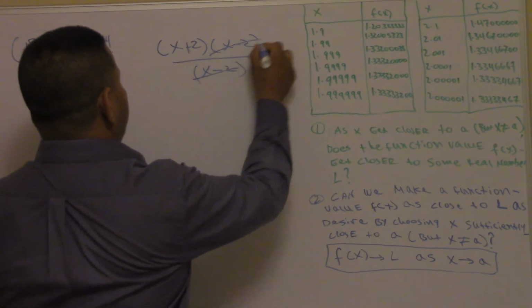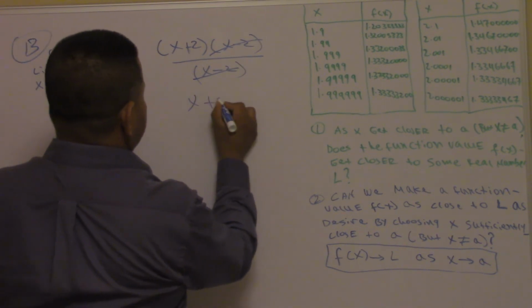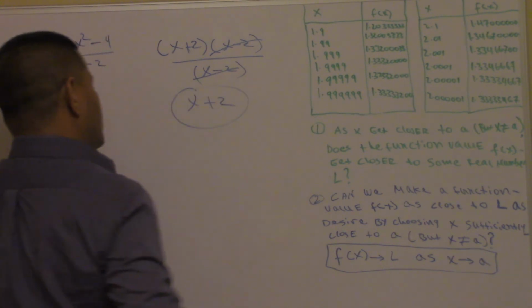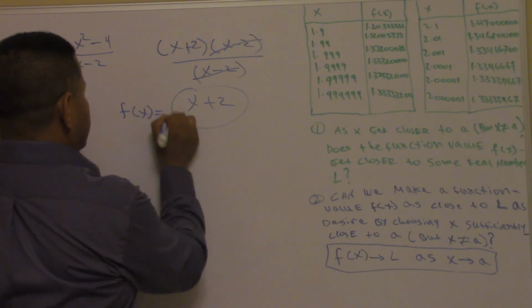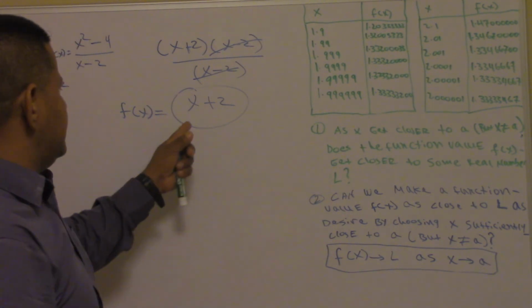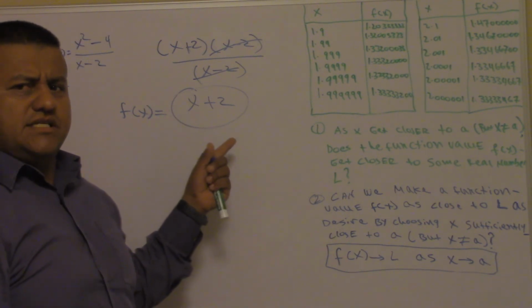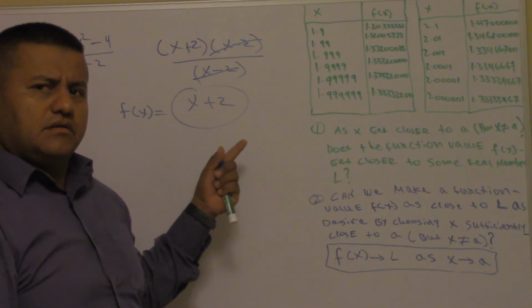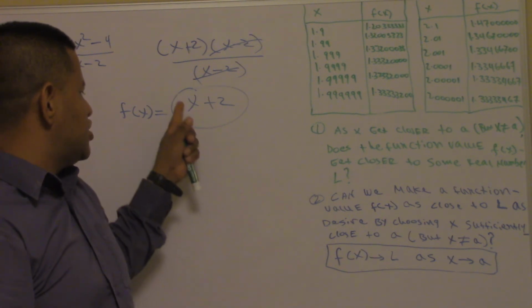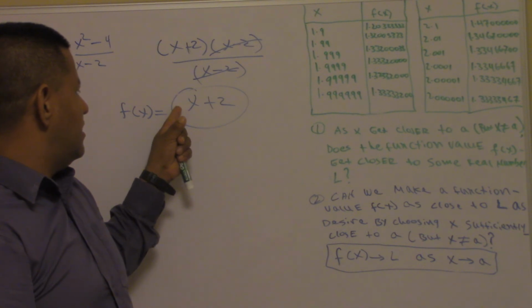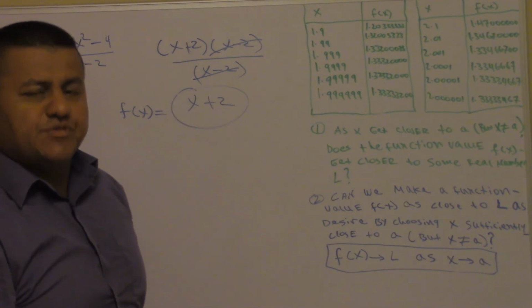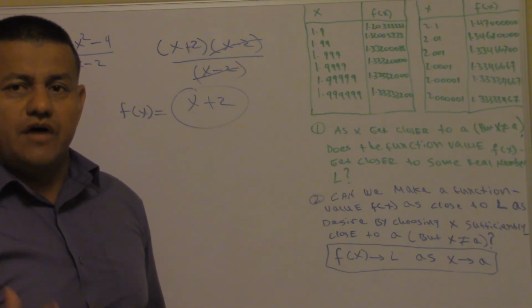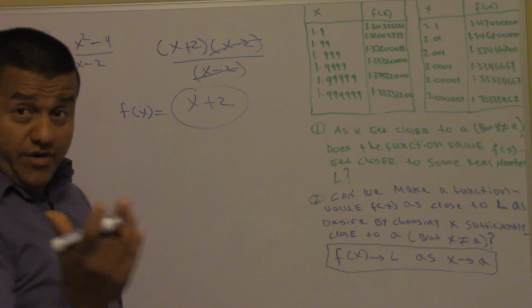I cancel those out and I get x plus 2. Now the function is equal to that. But what is this? This is nothing but a straight line, with a slope of 1 and y-intercept of 2.